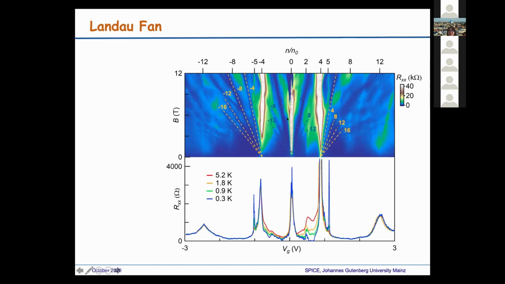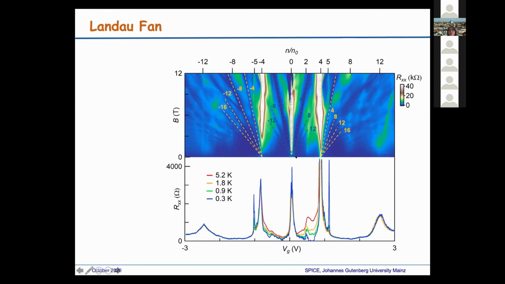Actually, we can see the main peak at the charge neutrality point, and then we see the secondary Landau fan coming out at the full filling, plus minus 4 electrons and 4 holes in the superlattice.